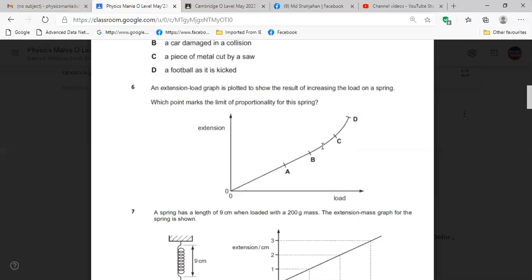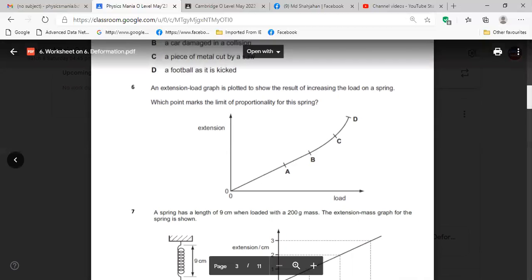A little bit curved. Let me zoom this. So we can say B is the limit of proportionality, because after B we have a little bit of curve. It's not straight. If it is straight, it will go here, not to C. Oh yes, it's correct.